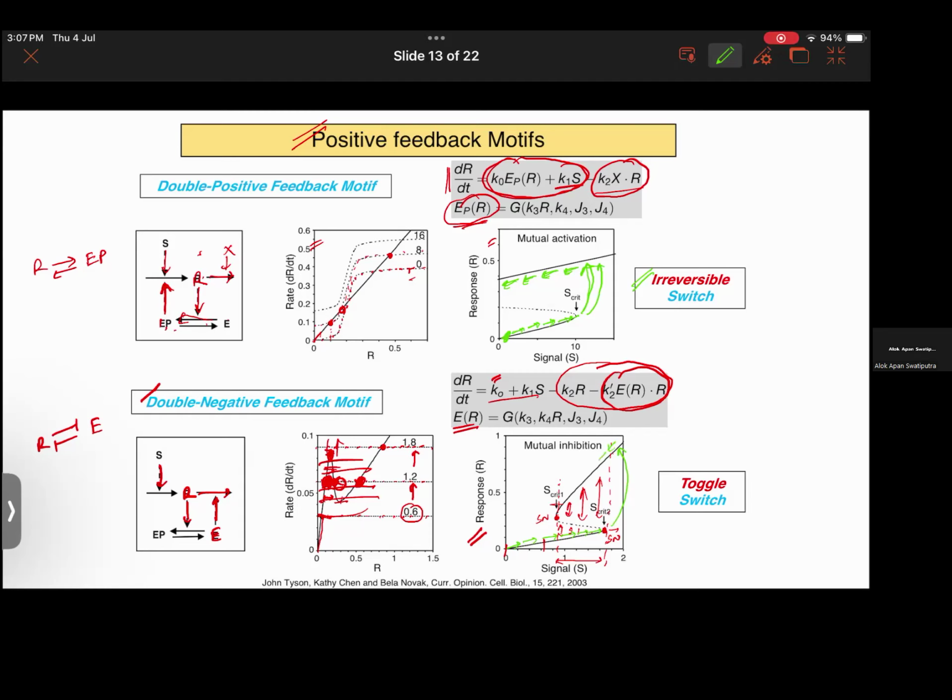Now you decrease, decrease, decrease. It stays in the higher steady state for a much longer range. Only then does it come down. So essentially, the amount of signal you need to put in to switch the system from the lower to the higher steady state is larger.